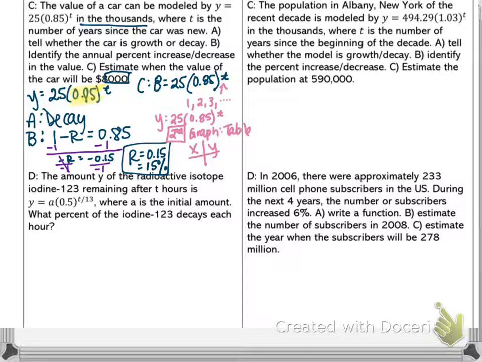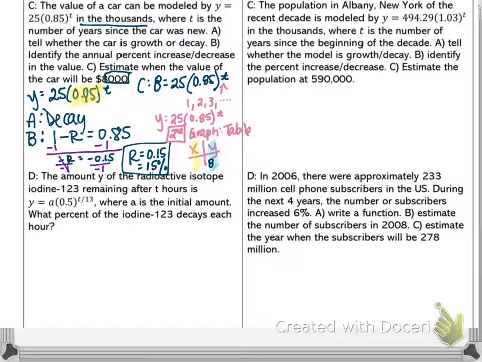Should be very pretty. And you are looking for, remember, X represents your time, and it's your Y value that is going to represent your value of the car. So you're looking for when it equals 8, not 8,000, because we're not including those zeros. So we're looking for when it equals 8.